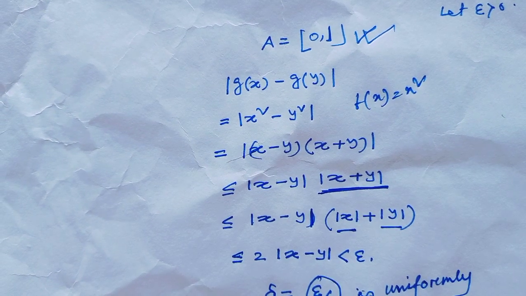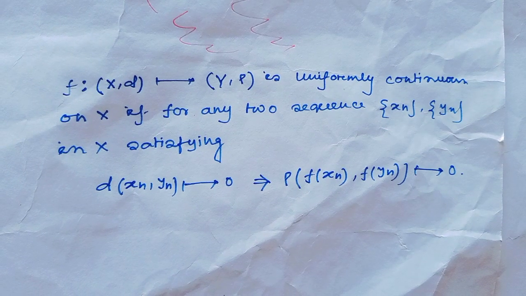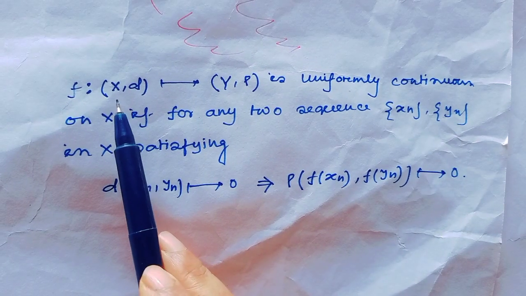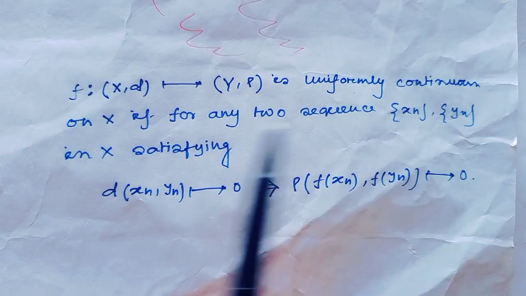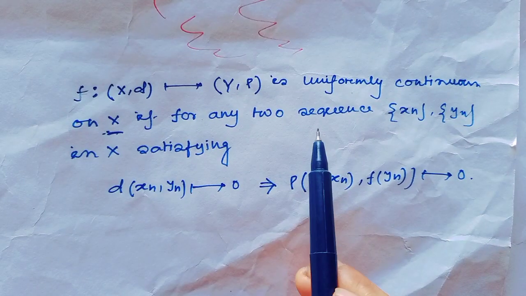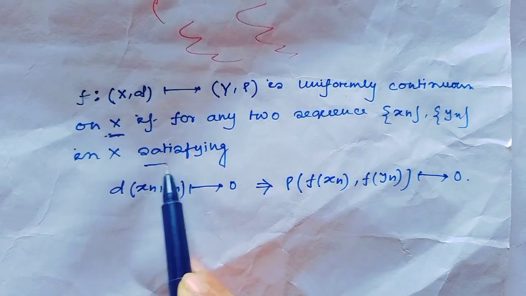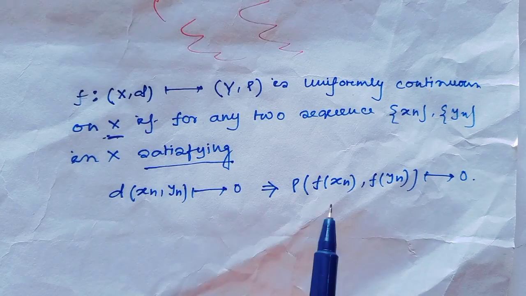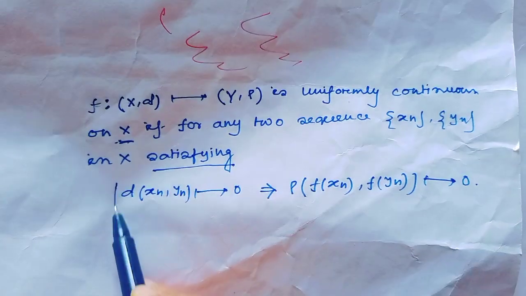All of us know continuity sequentially. Today I will discuss uniform continuity sequentially. For this, consider a function mapping from (X, d) to (Y, rho), which is uniformly continuous on the set X if for any two sequences x_n, y_n in X satisfying d(x_n, y_n) tends to 0, it implies rho(f(x_n), f(y_n)) tends to 0.